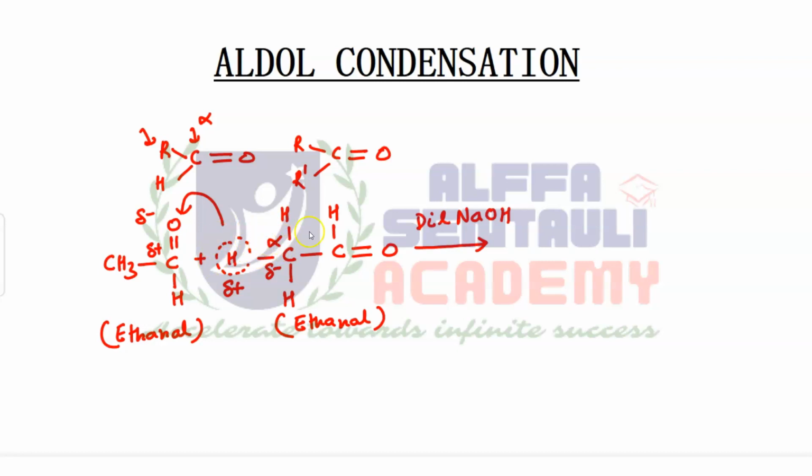So you see, in this we need no other raw material. The only raw materials are the aldehyde and dilute sodium hydroxide, right? So what is happening in this reaction? I'm going to completely write this reaction. This O will become OH after combining with this alpha hydrogen.